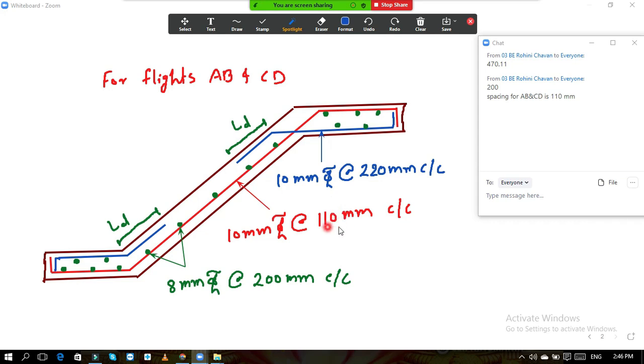That spacing you should write here. Whatever spacing you got here, multiply it by 2, and that spacing should be given to these alternate bars. Okay, and this is the distribution steel. This will remain the same distribution steel. Okay, so in this way we need to draw the diagram.